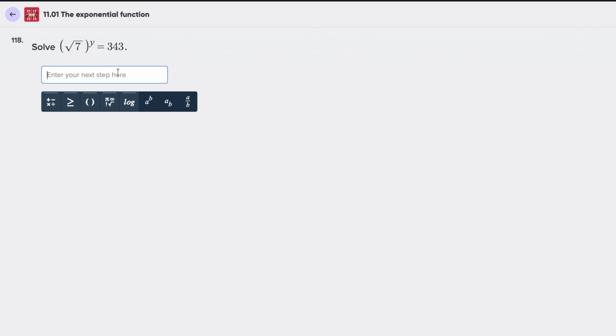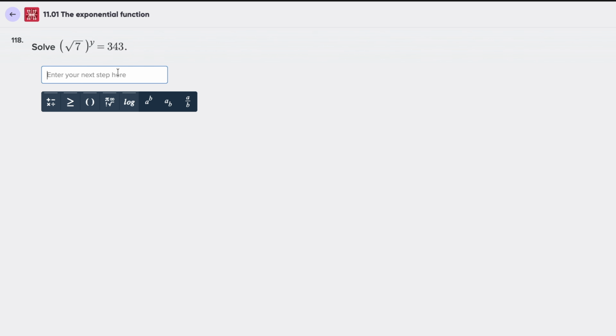Okay, I've got 343, which seems like a random number, but it is a power of 7. So I guess you could just use a logarithm to figure out what that power is. Or actually, 7's a prime number, so you could also do a prime factorization. Yeah, and that would give you 7 cubed.